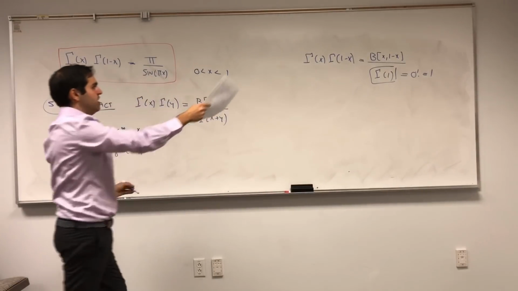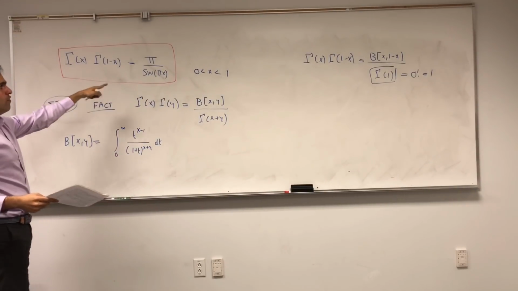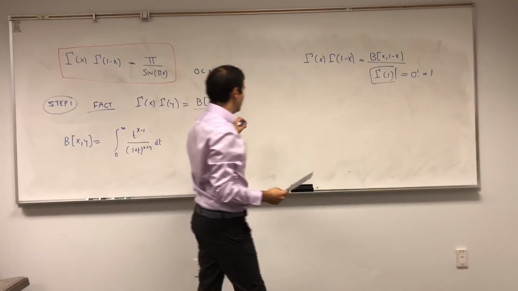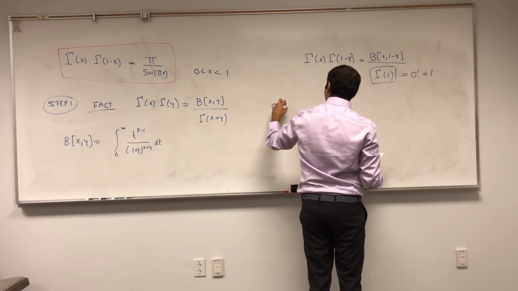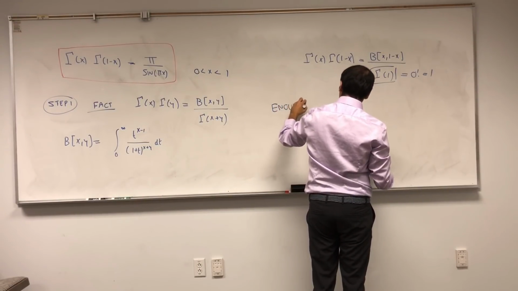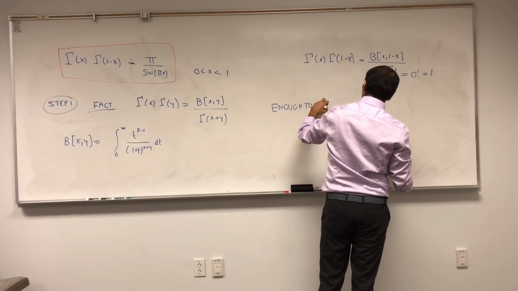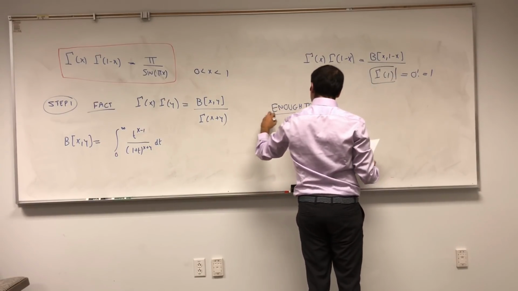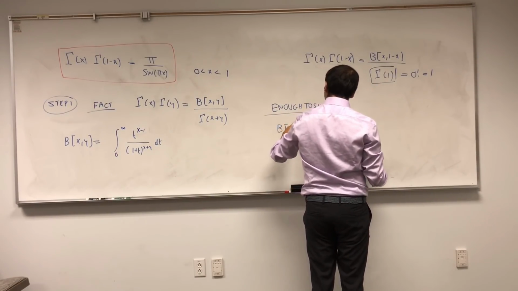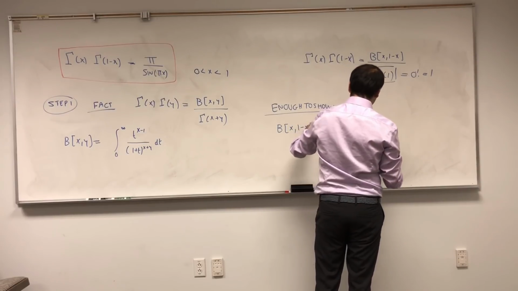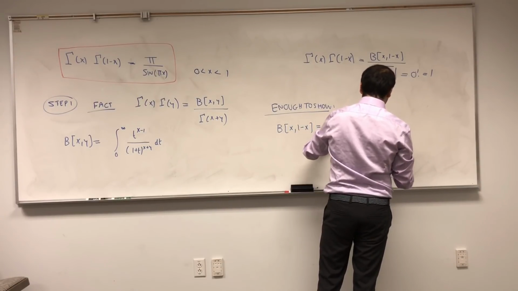So in order to prove our formula, it is enough to show that this beta function equals what we want. It's enough to show that beta of x, 1 minus x equals pi over sine of pi x.